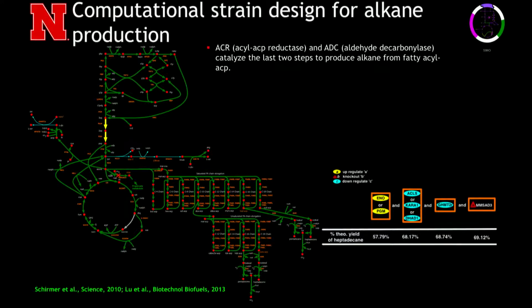So what we did, we tried to push more flux in this direction. We upregulated some of the genes here, or downregulated some of the genes here, because this is a competing pathway. If we downregulate the competing pathway and push more flux to where you expect, then you can reach your desired yield.